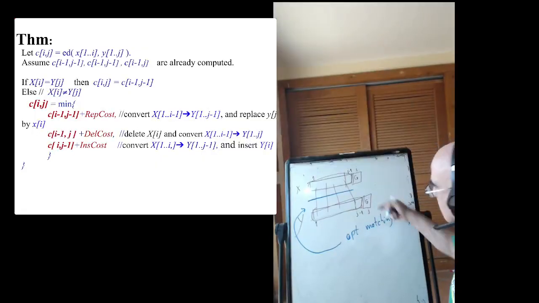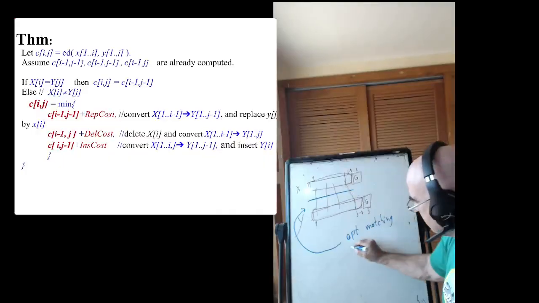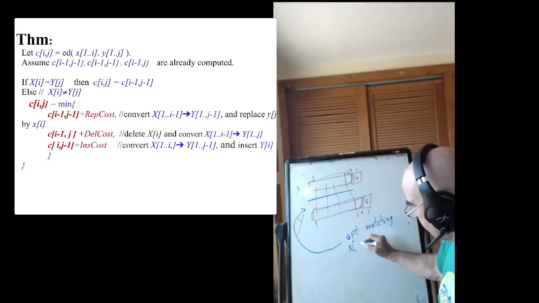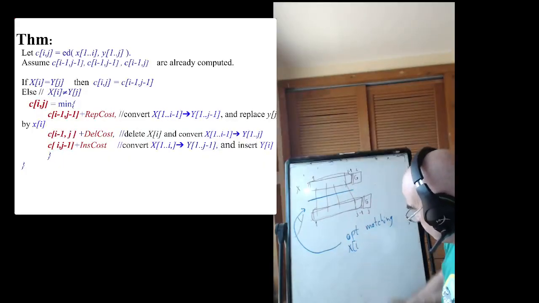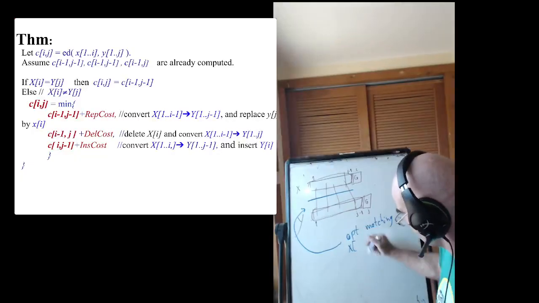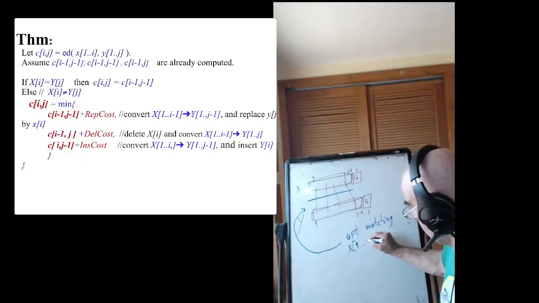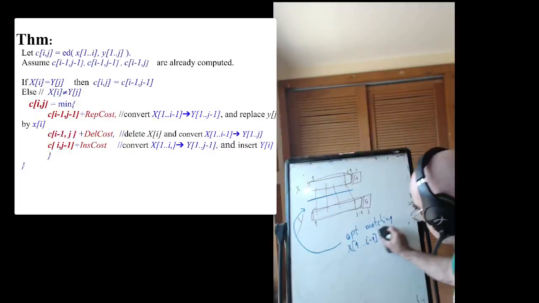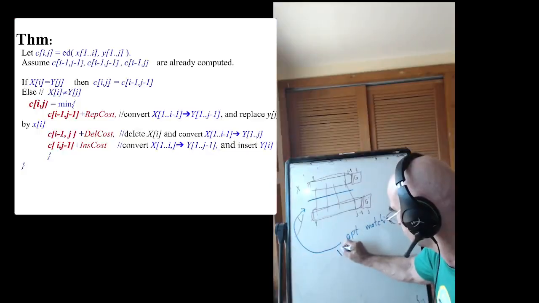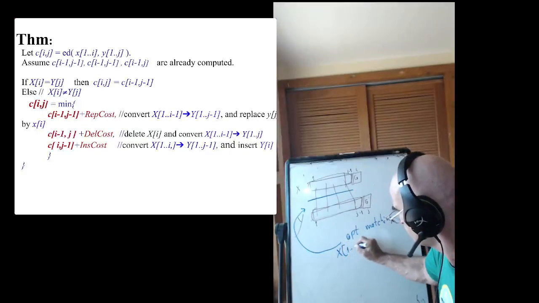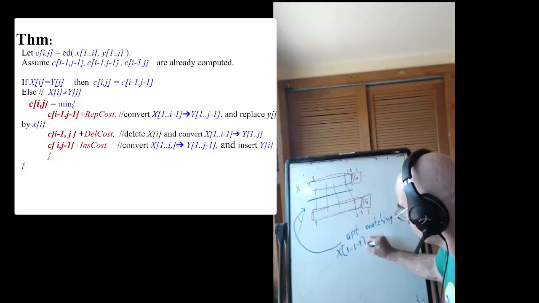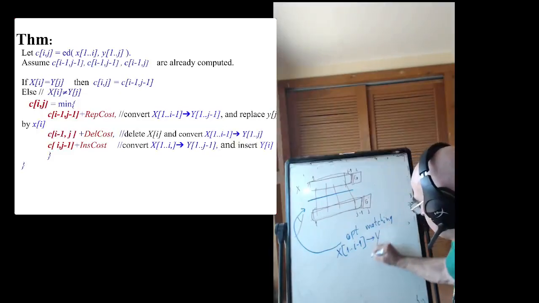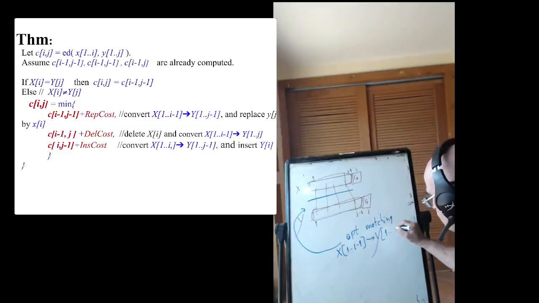So the minimum penalty is a minimum operation that starts at x from 1 to i minus 1 and takes you into y.